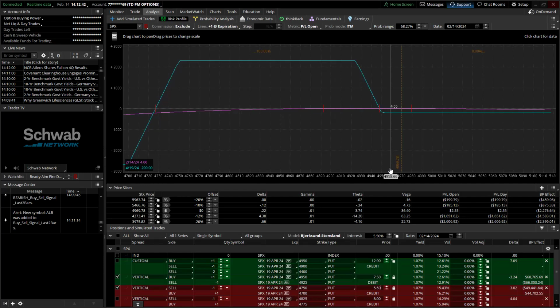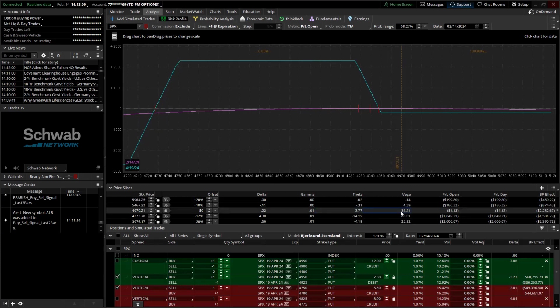And Bruce is asking, what happens when you increase volatility? I can tell you that if volatility increases, so will the value of all of these options. Since we are positive theta and negative vega, for every 1 point volatility goes up, this trade is going to lose about $36.